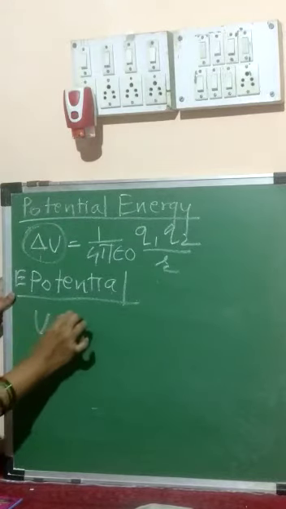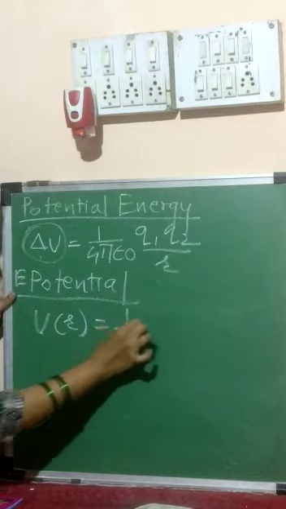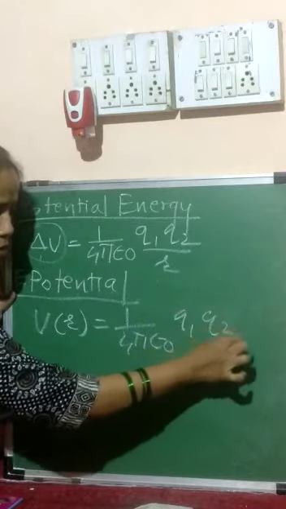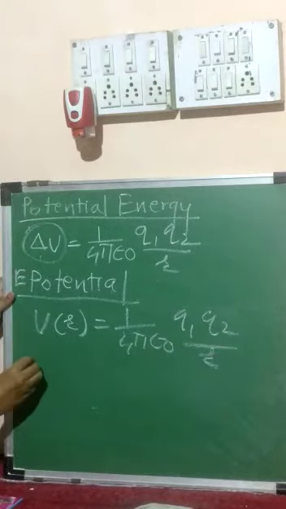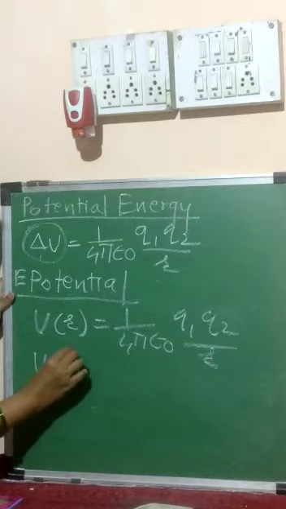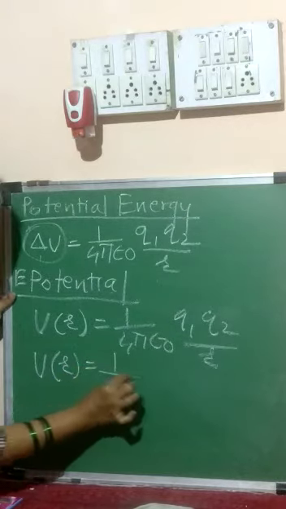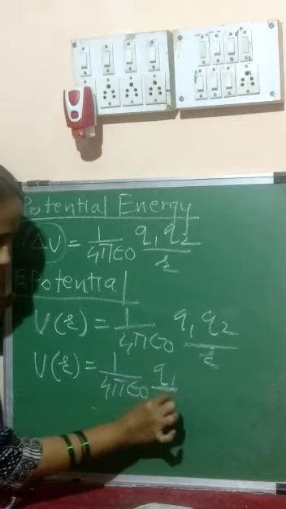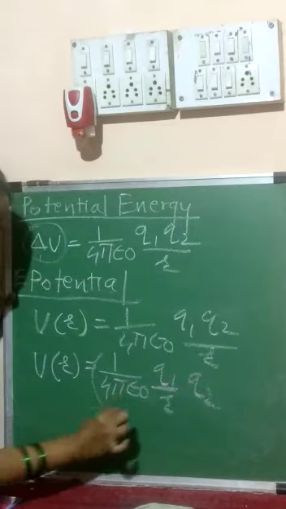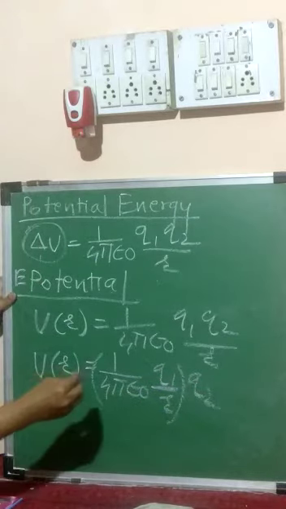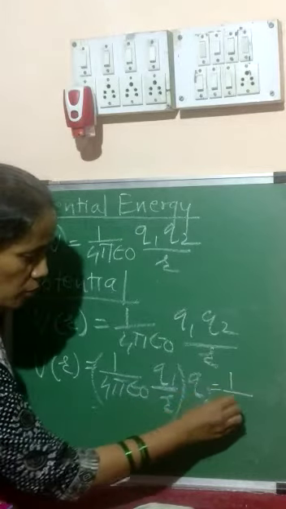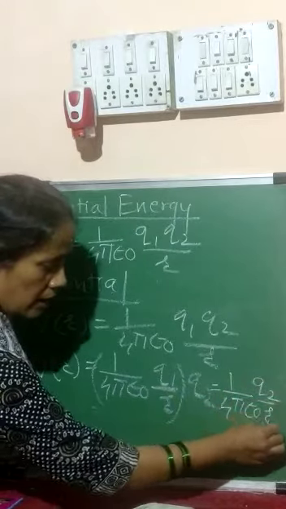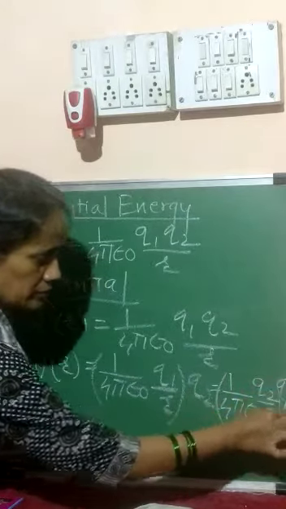I can say potential energy UR can be written as 1 upon 4 pi epsilon naught Q1 Q2 upon R. Same equation, I can say this potential energy UR can be written as 1 upon 4 pi epsilon naught Q1 upon R into Q2. Or the same thing I can write as 1 upon 4 pi epsilon naught Q2 upon R into Q1.